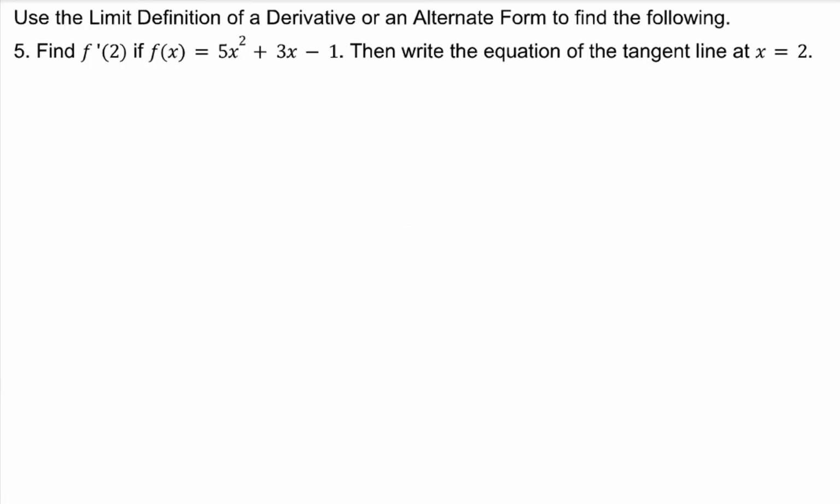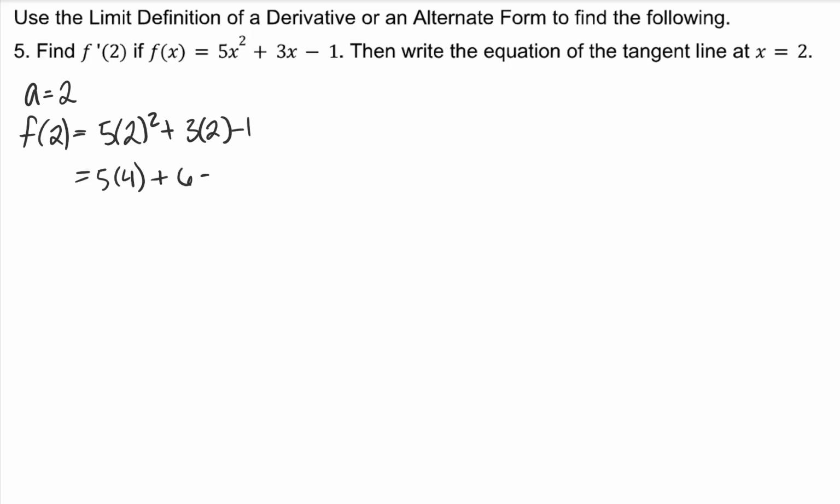Find f prime of 2 for this f of x, then write the equation of the tangent line at x equals 2. Because they're asking me for a specific derivative, I'm going to use the alternate form of the derivative. A is equal to 2, and f of a is 25.